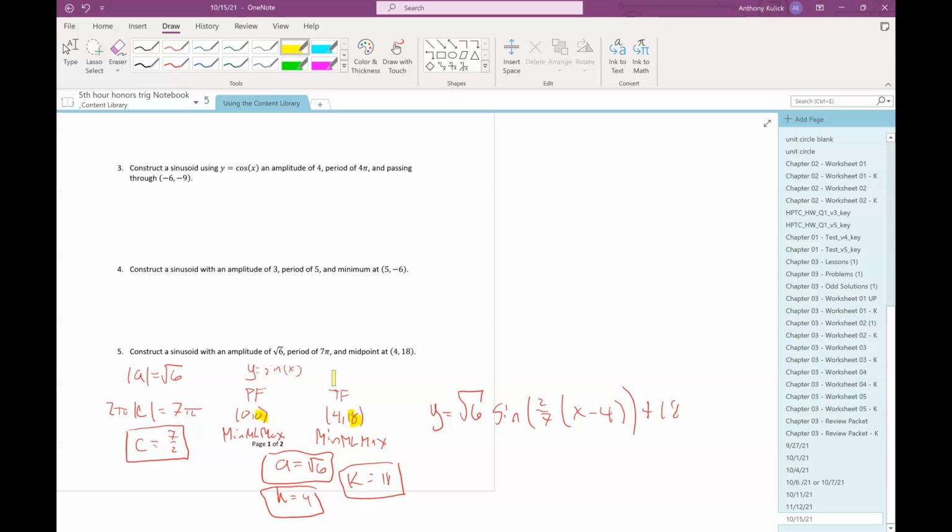Okay, I see. What is this, like, min to midline to max? Like, how do you find that? So if I look at the graph of sine, it looks like this, right? There's two kinds of midline points in a sine graph.